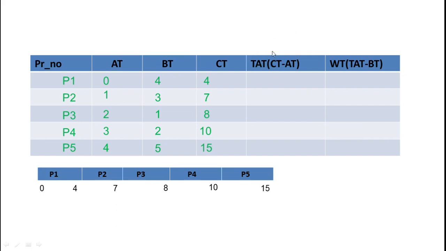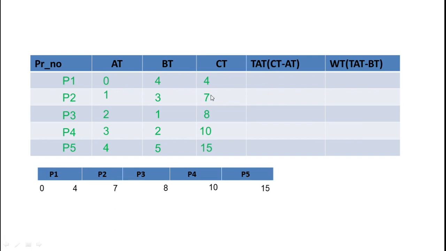Now we will find out the turnaround time. We have already discussed what turnaround time is in our video on parameters of process. So we know how to find turnaround time. It is completion time minus arrival time. So let's calculate the turnaround time. For P1, 4 minus 0, turnaround time will be 4 millisecond.